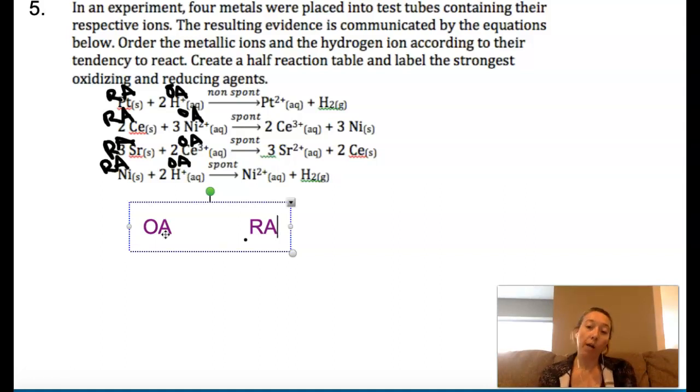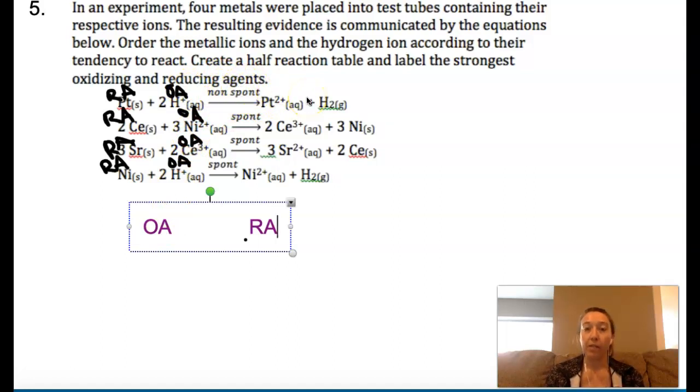So what we're going to have to do as we go through each one of these is decide where things rank. And we may find that we can build an entire table at once, but we also sometimes find that we put different pieces together and then eventually we're able to bring them back together, okay? So if we look at the first one, Pt solid with 2H+, this is a non-spontaneous reaction.